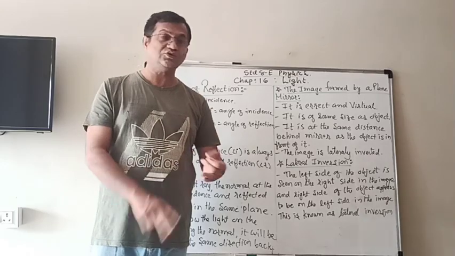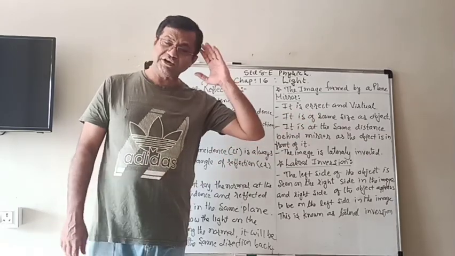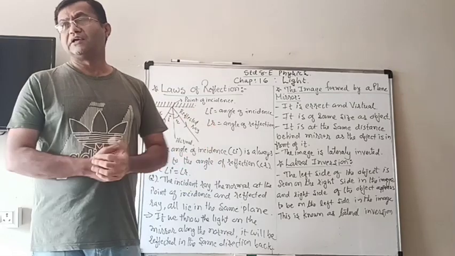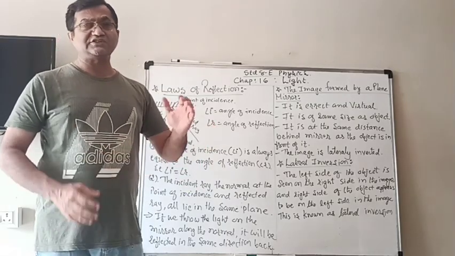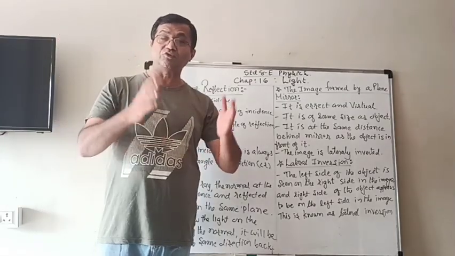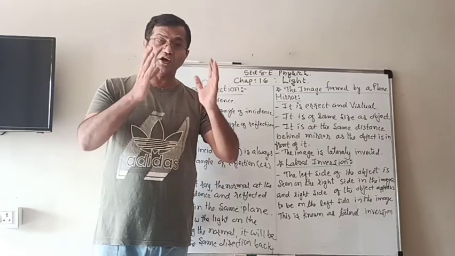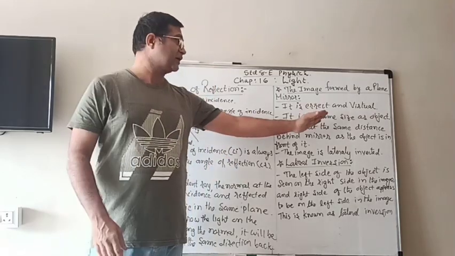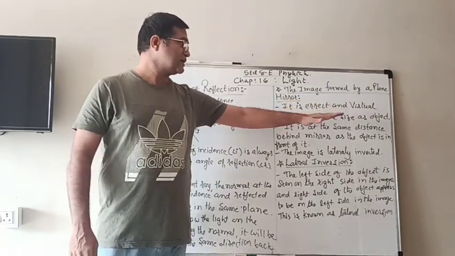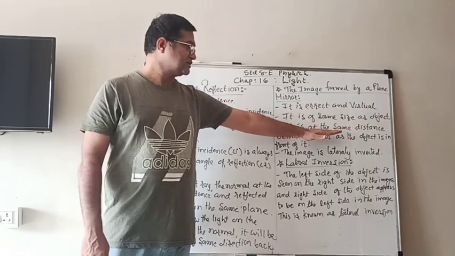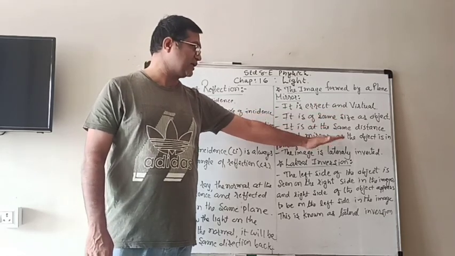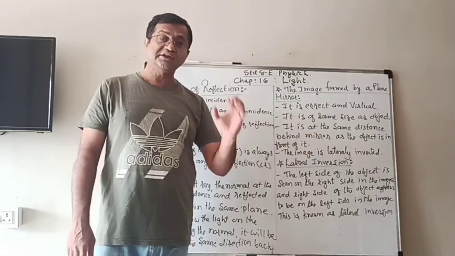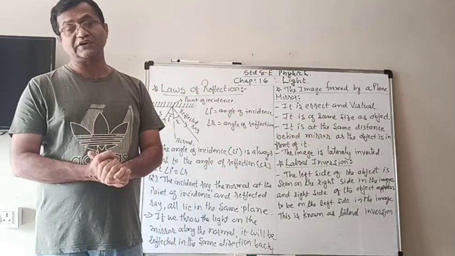And then we also recalled what you actually learned in standard 6, what types of images are formed by the plane mirror. The image is virtual and erect, of the same size as the object, at the same distance behind the mirror as the object is, and it is laterally inverted.